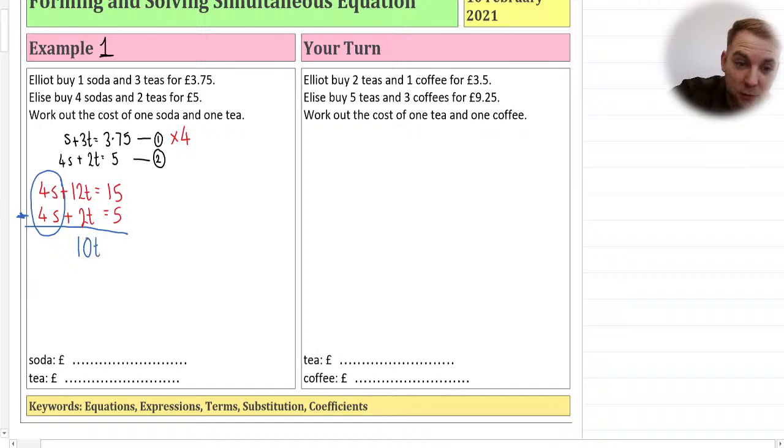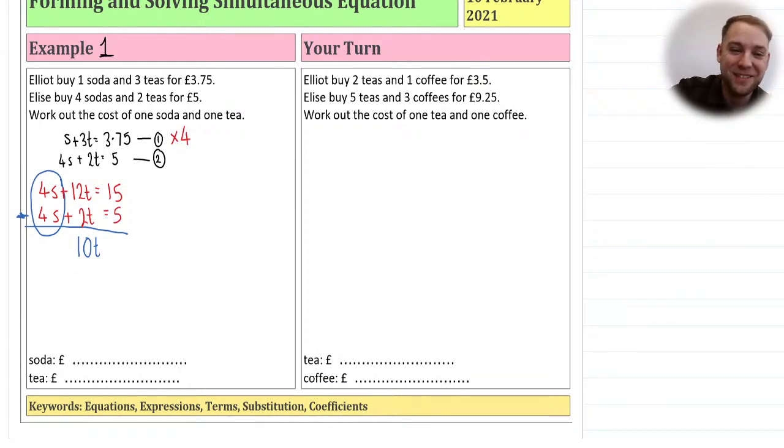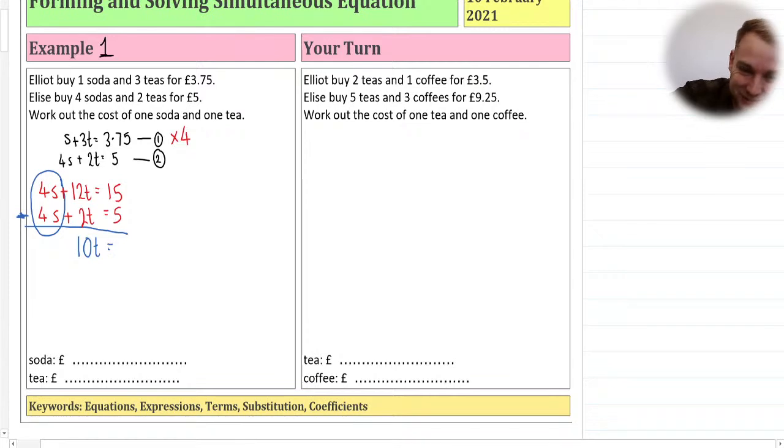So that means, if you think about what you're saying here, you're saying that 10 actual t's is equal to £10. That's what we're saying here, because I've eliminated the sodas. So then I do it like I normally would. Divide by 10, divide by 10. So t is equal to 1, which is £1.